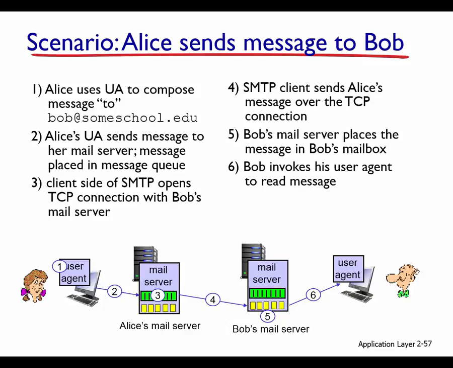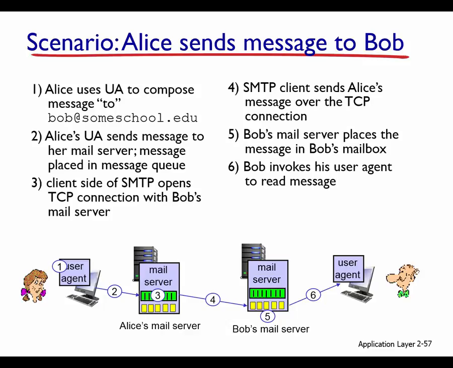Her user agent is configured to send all messages to a particular mail server. Alice works with some company, so Alice and everybody that works for that company use a particular in-house mail server. So her message gets sent to the mail server.